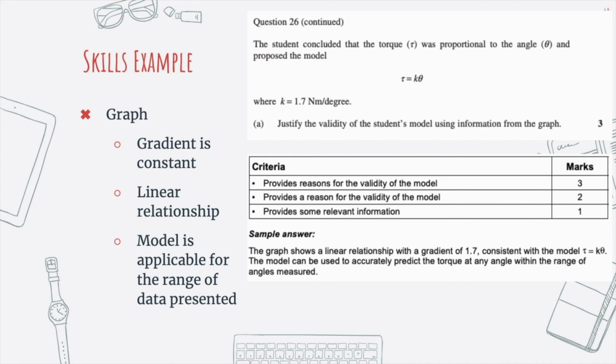So the model put forth by the student is applicable for the range of the data that he has presented in that graph. Okay, so in order to get the full marks for this question, we'll see that you have multiple reasons provided for the validity of the model. So we can agree that this model that the student has put forth, the relationship identified, is valid based on what has been presented to us in the graph.